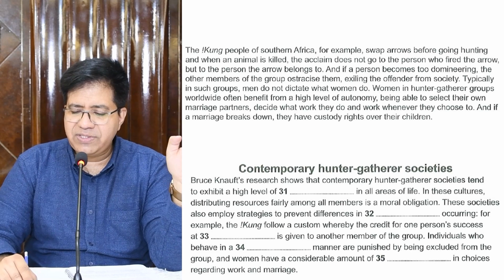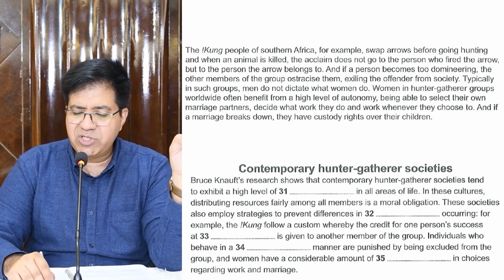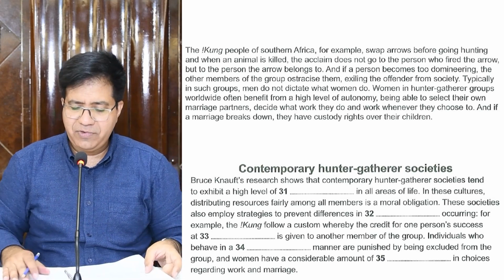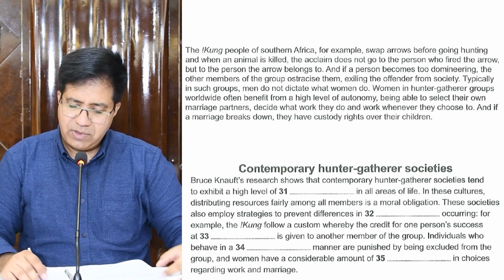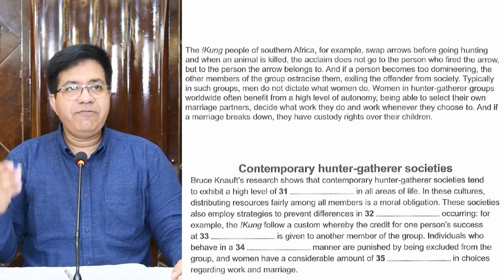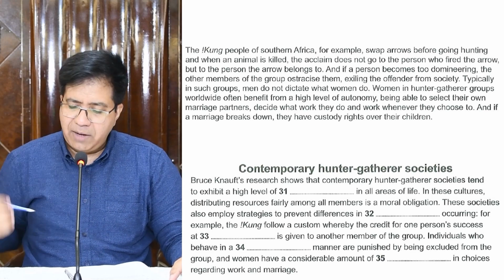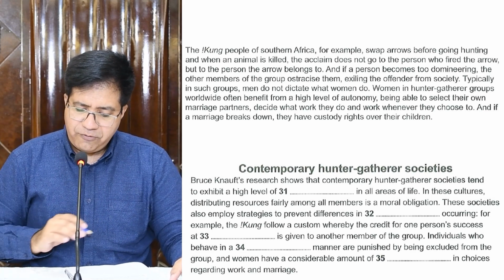So if a person becomes too domineering, the other members of the group ostracize them. What is the answer? Good. Individuals who behave in a domineering manner are punished by being excluded from the group.